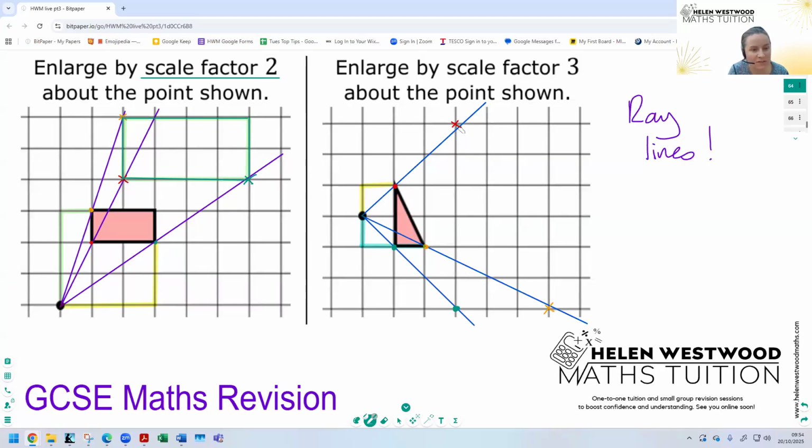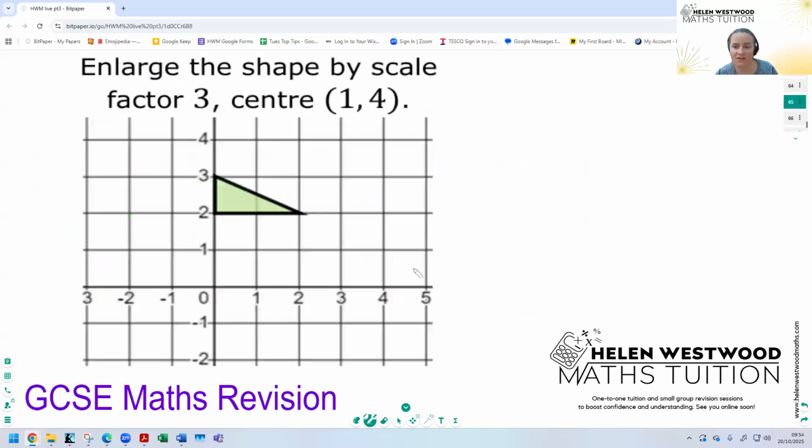And again, having plotted those 3 points, if I then join those up, you can see that originally we had a triangle with a base of 1 and a height of 2. And you can see that our new triangle, that's been enlarged by a scale factor of 3, has a base of 3 and a height of 6.